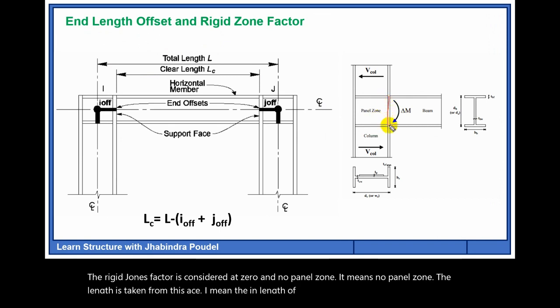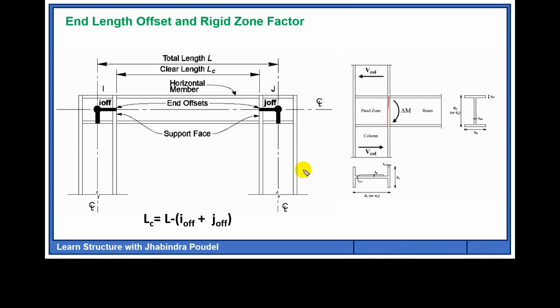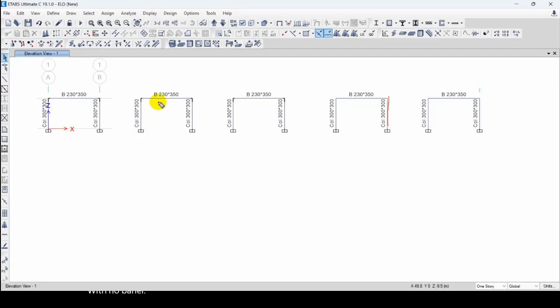I modeled it as automatic, determined by the joint connectivity of the frame section. The second one is modeled with a rigid zone factor of 1 and no panel zone.